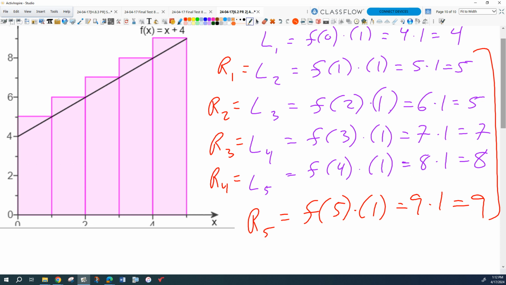My left sum would just include the purple numbers. Okay, make sense? So for small numbers, you're just adding them up manually, not a big deal. What if I wanted to calculate midpoint sums? What values would I be plugging into my function for the first one? 0.5, halfway, right, the middle of that first subinterval. Here I'd be plugging in 1.5, 2.5, 3.5, 4.5.